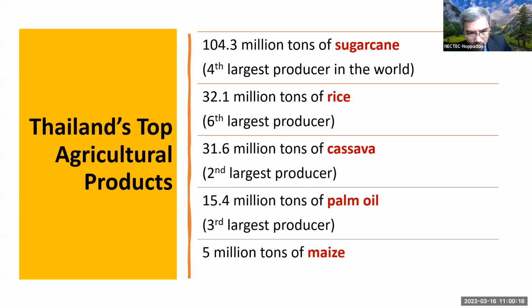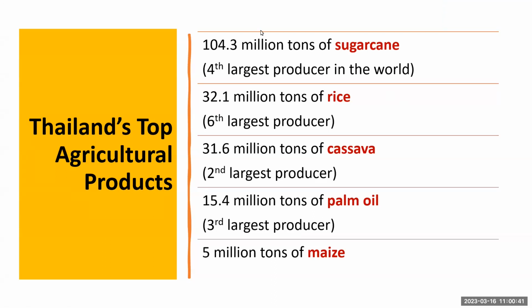As you know, Thailand is one of the major agricultural producers, producing many kinds of crops. For example, from top to bottom, there's sugar cane, rice, cassava, palm oil, and maize.